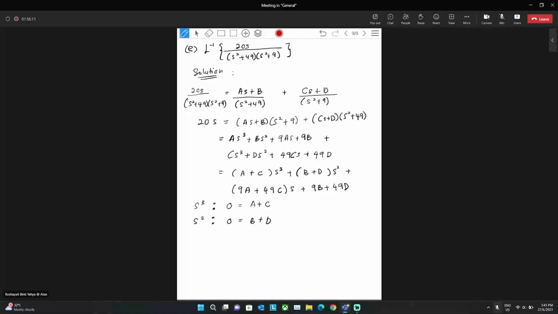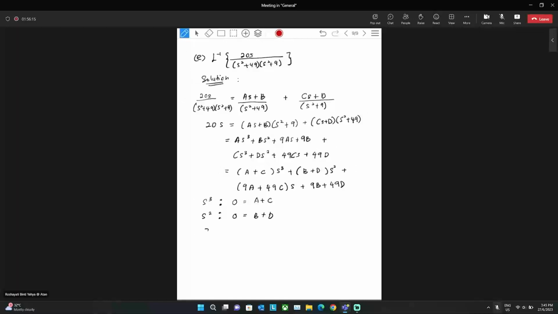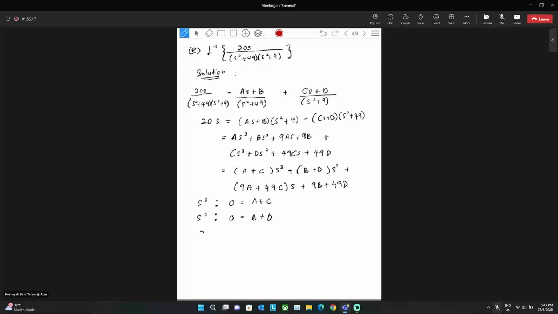Now for s, the left hand side is equal to 20, on the right hand side is 9A plus 49C.